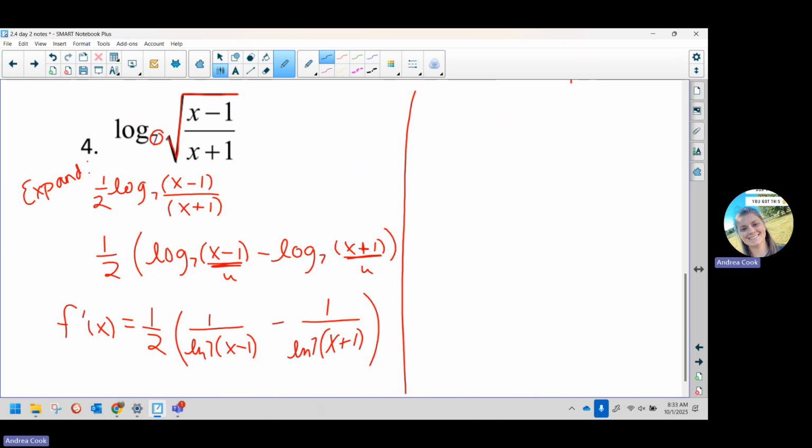And then I'm doing a common denominator again. However, it's a little bit longer this time. They both have the ln 7, so that makes it feel a little confusing. But this one's just going to be multiplied by the x minus 1, and this one's going to be multiplied by the x plus 1, to get the common denominator of ln 7, x plus 1, x minus 1. But you have to have all the terms in there. I'm trying to get all of those terms multiplied by what's missing. I'm going to get x plus 1 minus x minus 1.